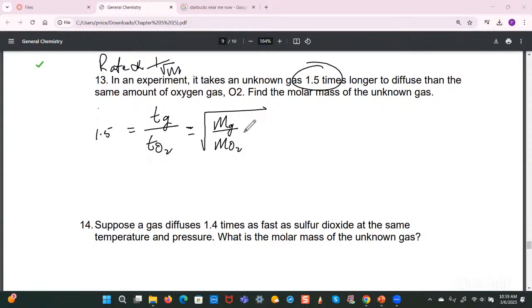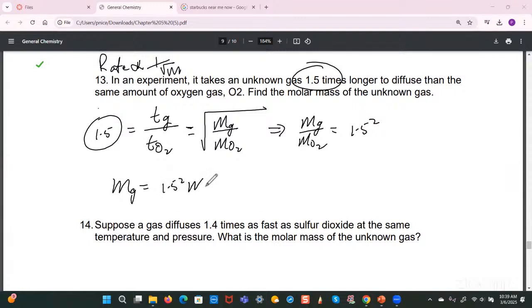So basically, we have 1.5 on this side. We can easily get the molar mass from the periodic table, and therefore we can determine the molar mass of the gas. So what I would do is square both sides to get rid of the square root sign. I would get Mg over MO2 equal to the square of 1.5, and then Mg would be equal to 1.5 squared times the molar mass of O2.